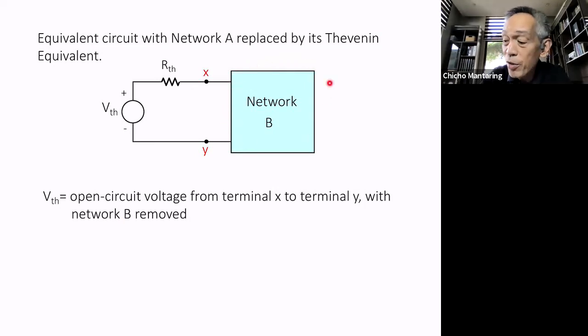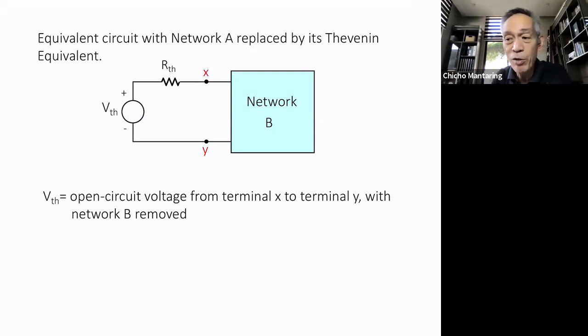And this now, we do this now to simplify any computations we want to do within the load. So ito pampadali ng computation dito sa network B. We simplified network A. So again, this is another network simplification tool where the network you are simplifying contains sources.